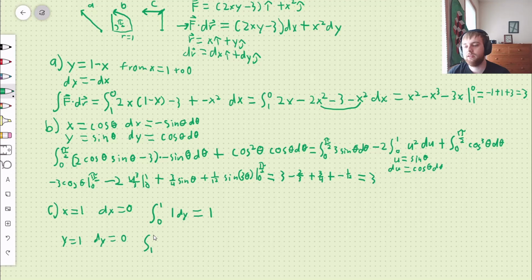So 1 to 0, and that's important. Substituting in here again, this term doesn't matter because dy is 0, but this term does matter, so you get 2x times 1 minus 3 dx.